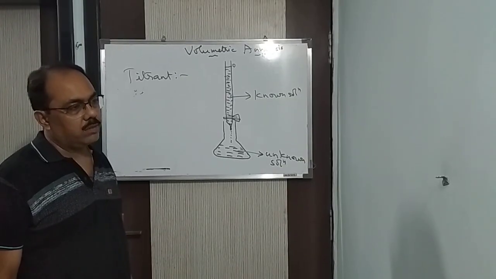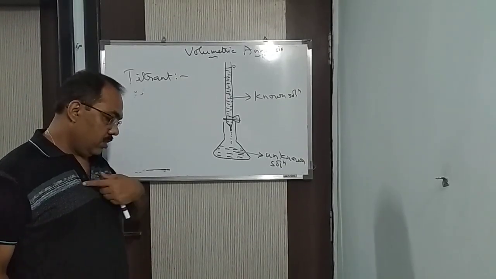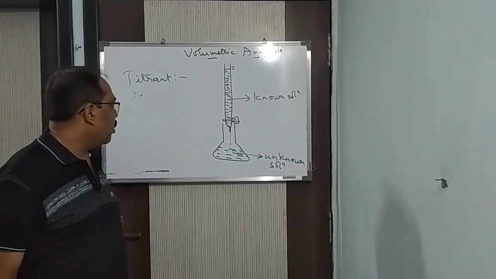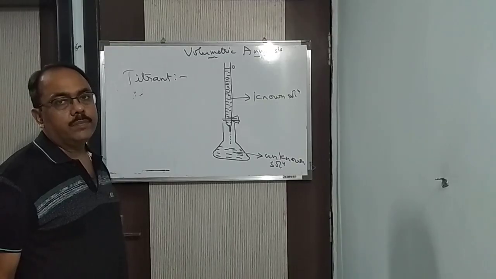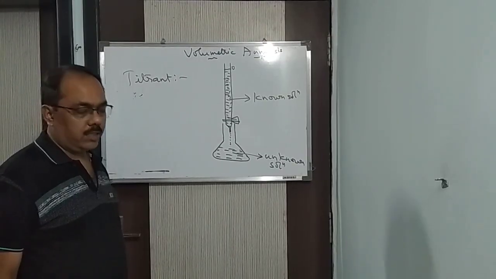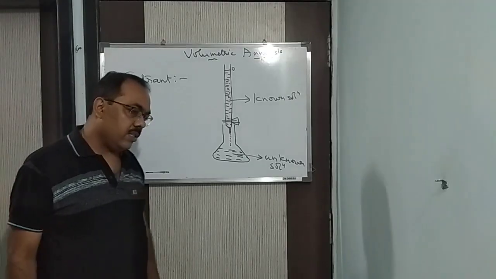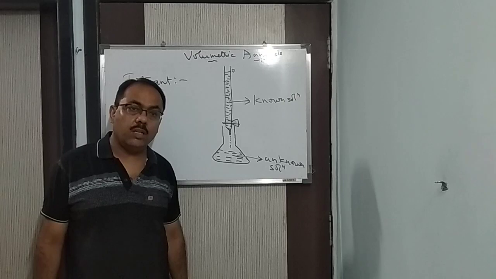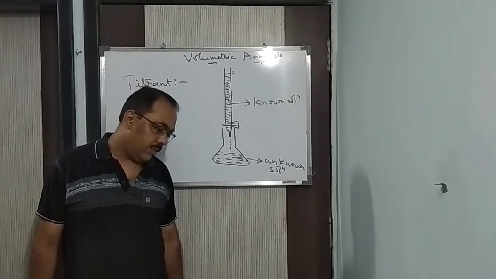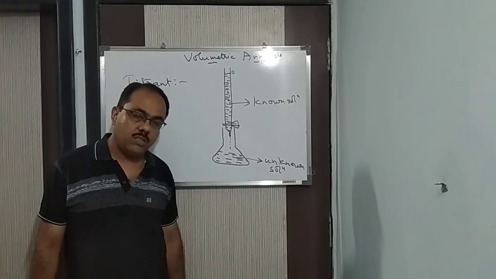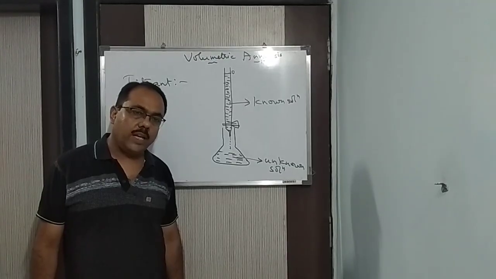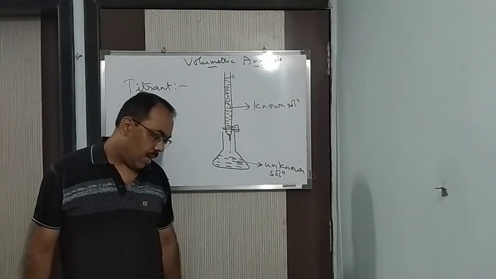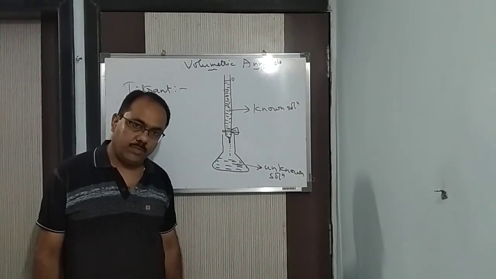Examples: oxalic acid, potassium dichromate, silver nitrate, copper sulfate, etc. Secondary titrant: just the opposite of primary titrant. These reagents cannot be accurately weighed and their solutions are to be standardized before use.